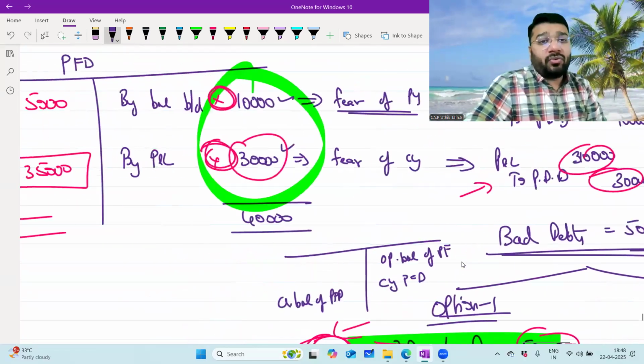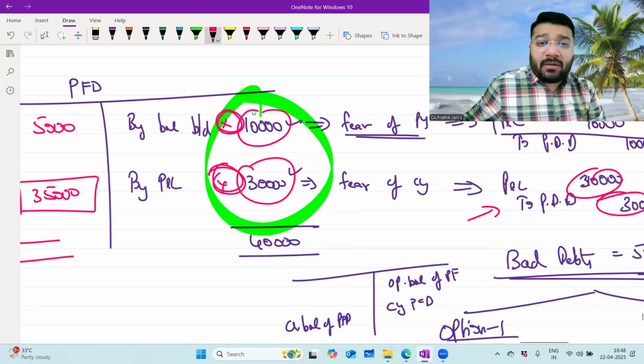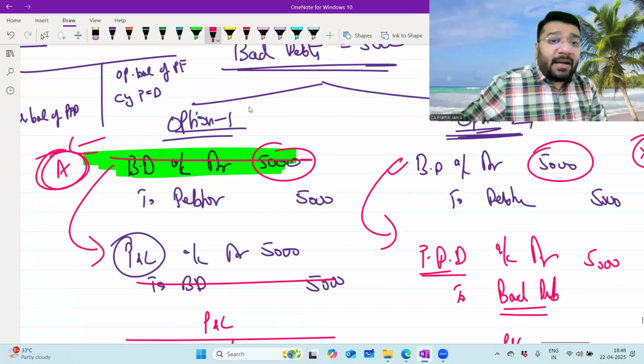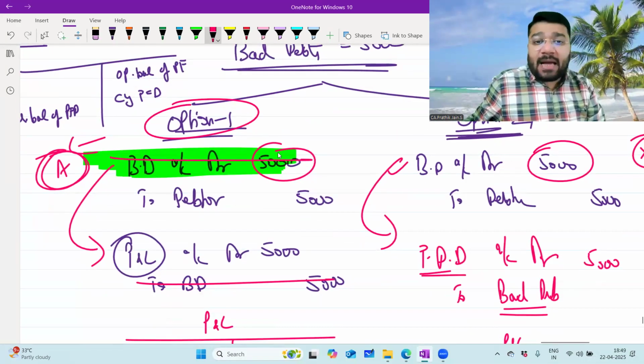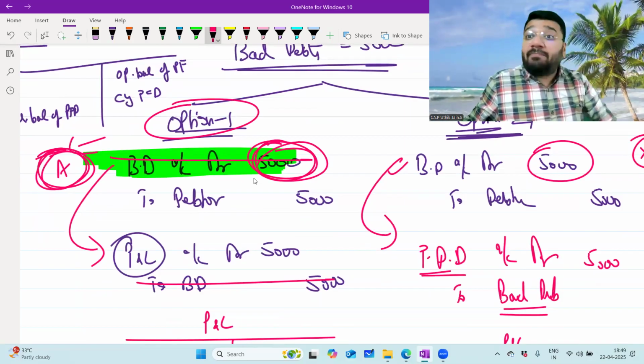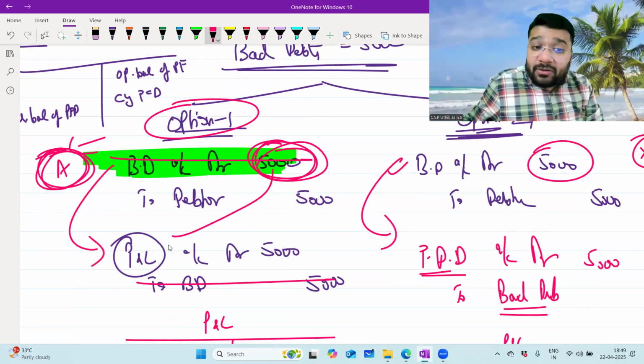No. See, I told you two cases are here. In one case, I'm assuming the provision of 10,000 is for X, some other party. When I did option 1 and said bad debt of 5,000 is happening, this is of party A. It is a fresh bad debt which I got to know only now. In that case, this 5,000 is transferred to P&L.